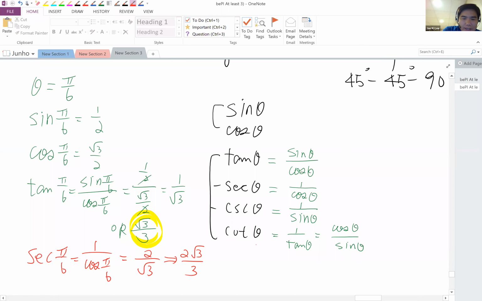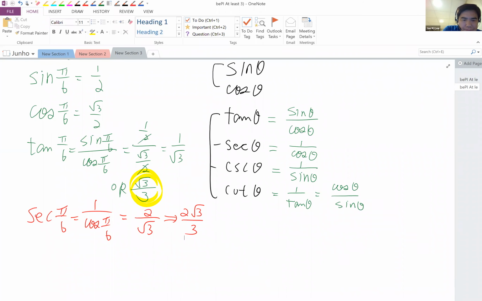Now cosecant pi over 6 becomes 1 over sine pi over 6. Therefore, 2 over 1, which is 2.